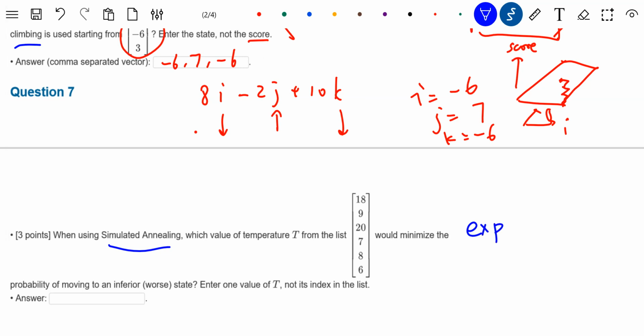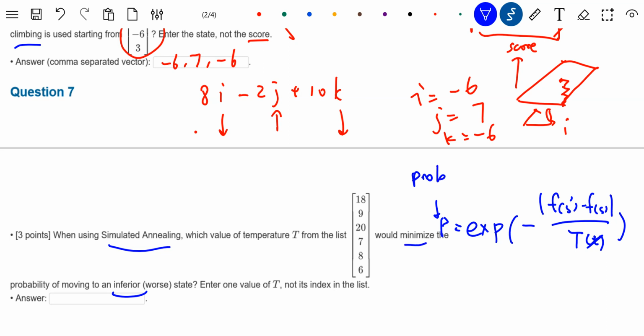The formula for the probability of moving to a worse state is the exponential of minus the absolute value of f of the new state minus f of the old state, divided by T. So T is the temperature at time t. But we have a constant, so it doesn't matter. So that's the formula for the probability of moving to an inferior state.